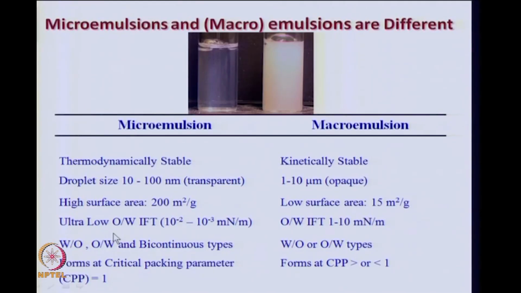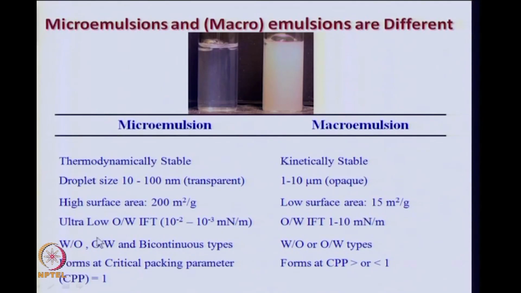It has ultra low interfacial tension. IFT is the interfacial tension between the oil and the water phase, and this is of the order of 10 to the power minus 2 to 10 to the power minus 3 millinewtons per meter.